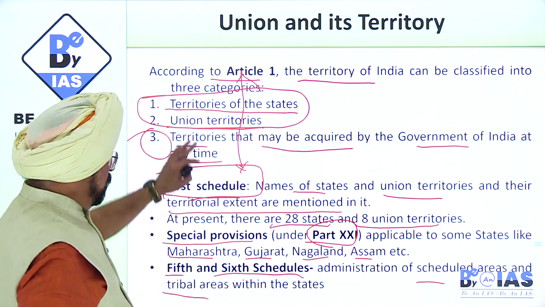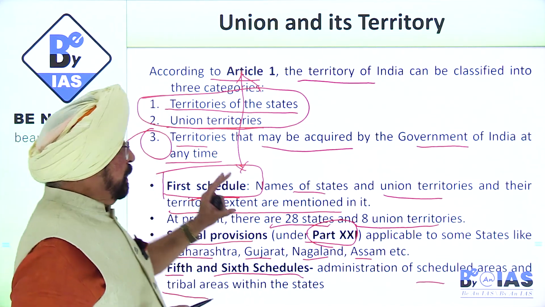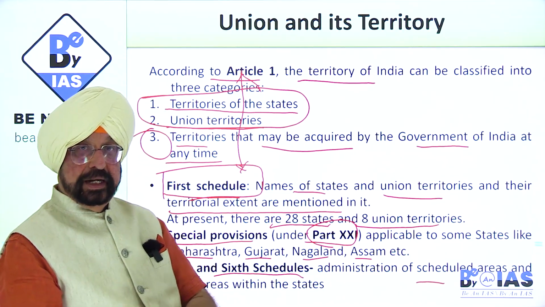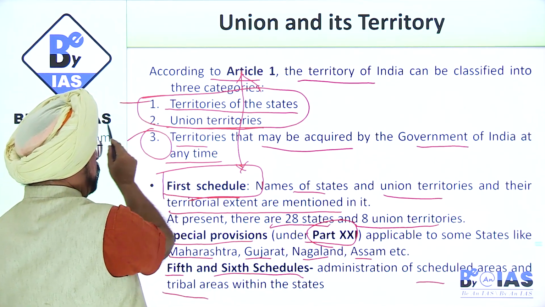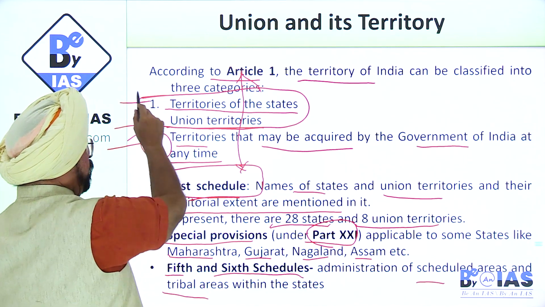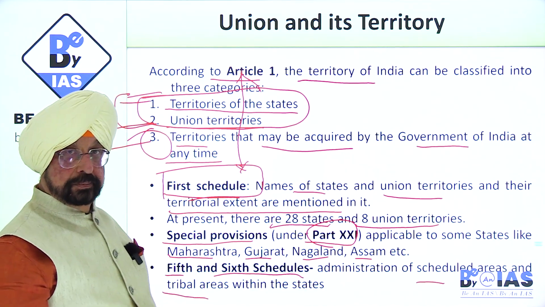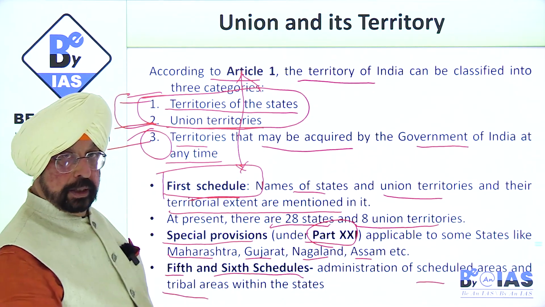So, as far as the territory of India is concerned, the overall system of having a territory in India is primarily based on these three types. First two are fixed ones, third is left open, left to the Government of India to acquire.